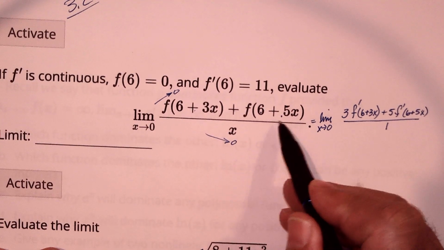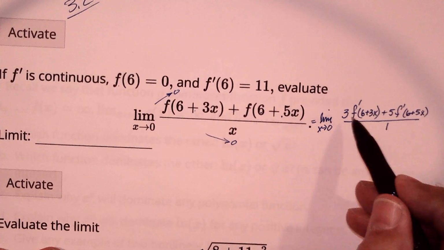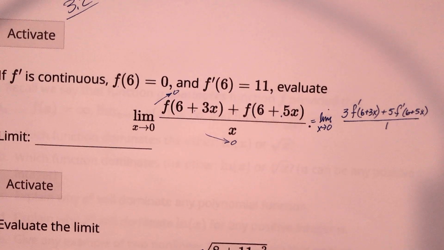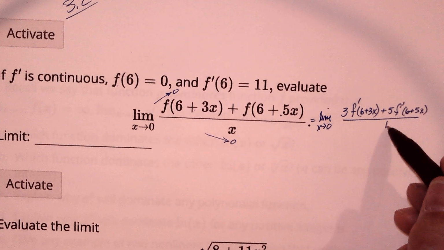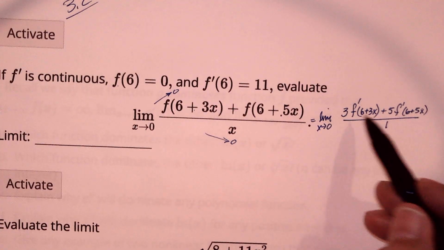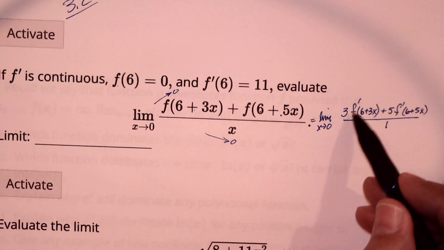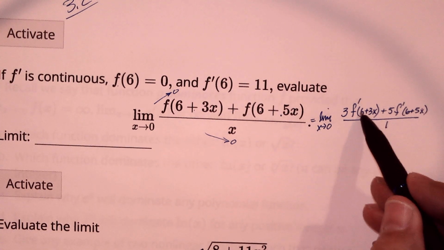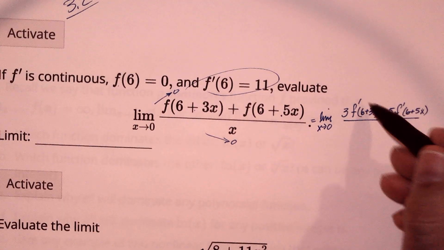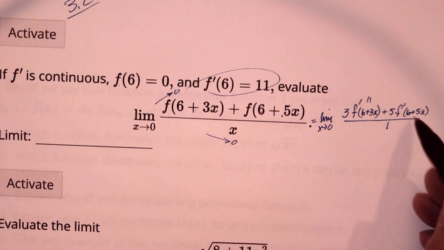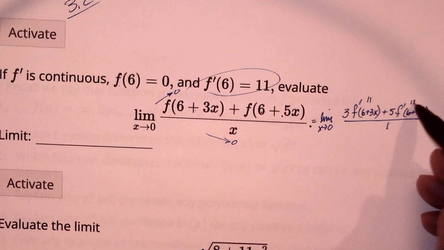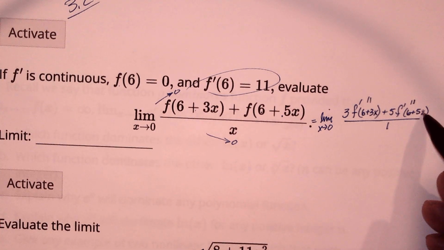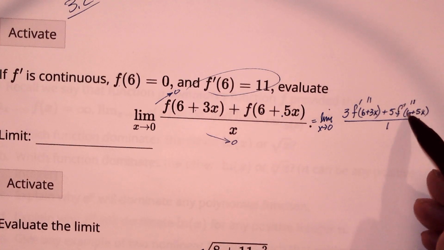I don't have the book right now to check the coefficients, but as x goes to 0, we don't have the problem we had before. So we get 3 times the derivative of f at 6, which is 11, and 5 times f prime at 6 plus 5 times 0, which is also f prime at 6, which is 11.